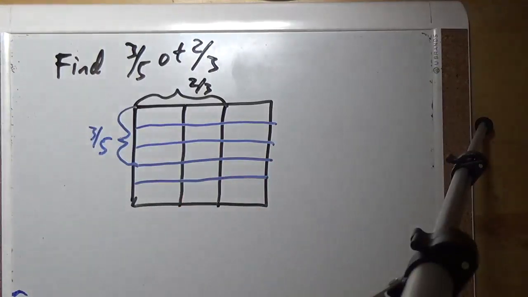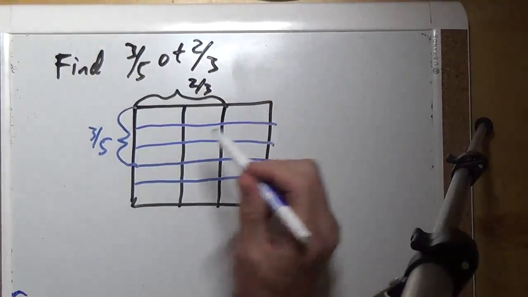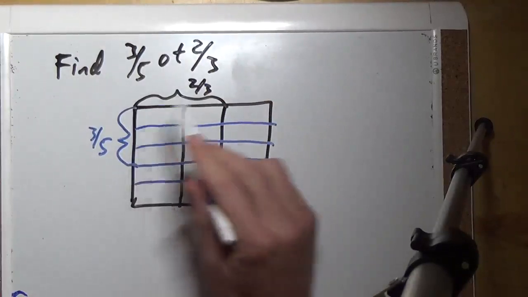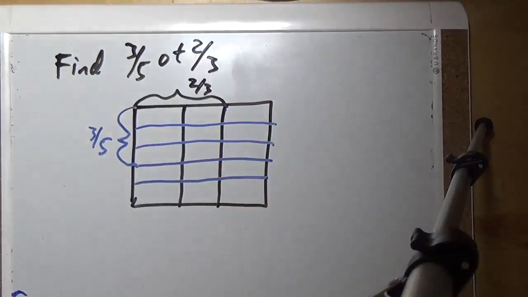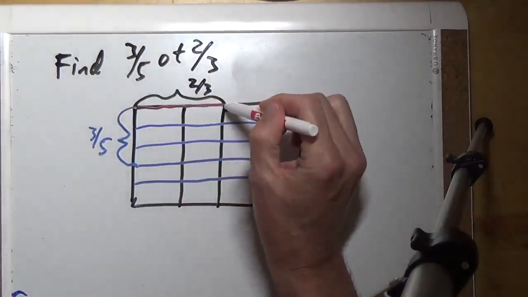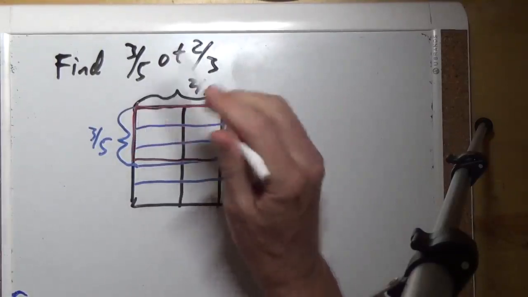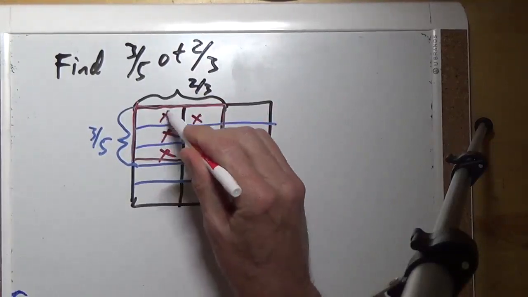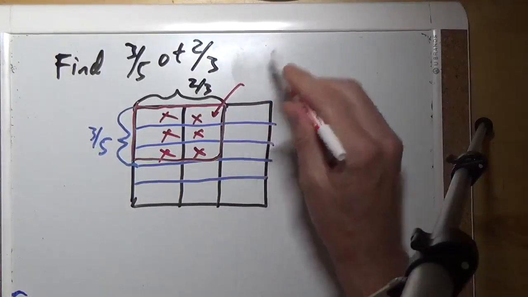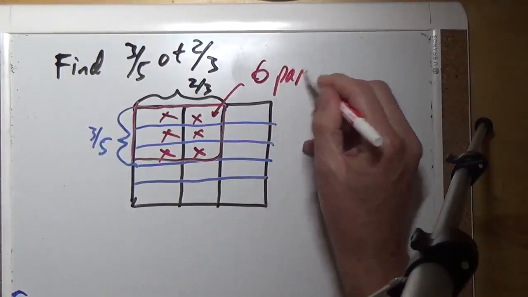So when I look at 3/5 of 2/3, well, here's 3/5. Well, I stop here. It's this little box right here. So I go, oh, I've got 6 of these things. There's my 6 parts.